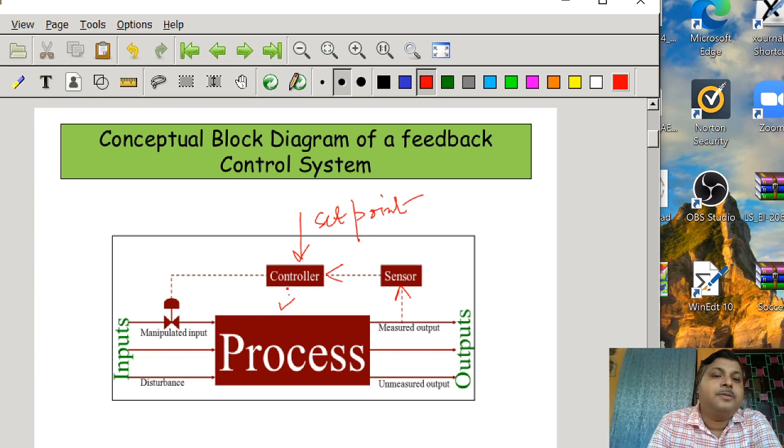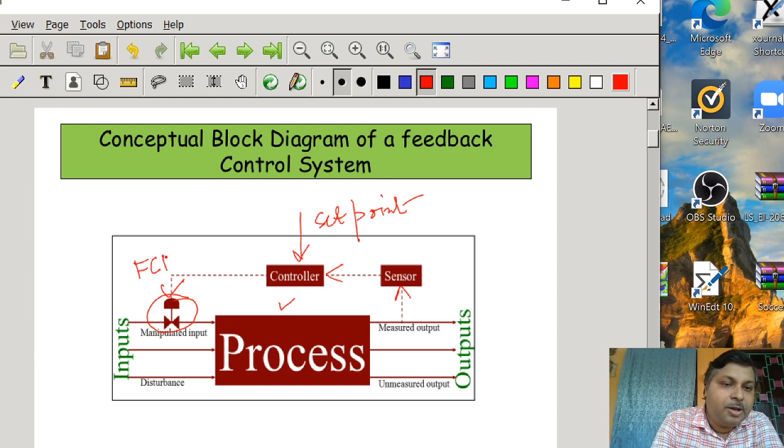Some algorithms are there in the controller, and with that algorithm the controller produces a control signal, which is executed through the final control element. This control valve may be one of the final control elements, which executes the control action on the manipulated input such that the desired output is achieved.